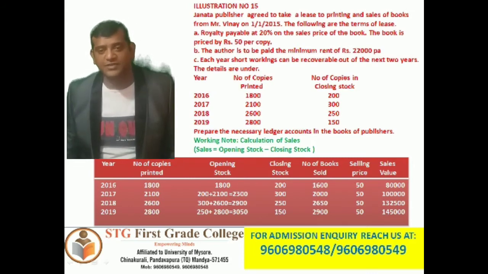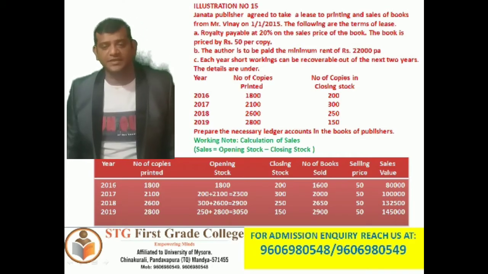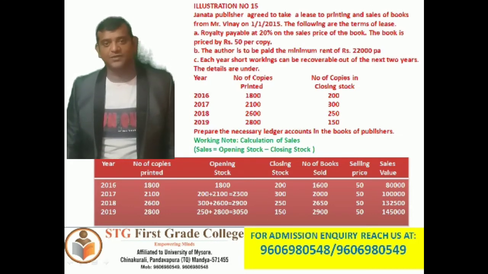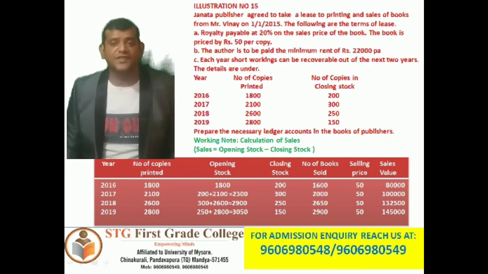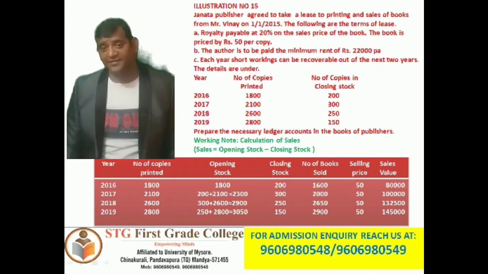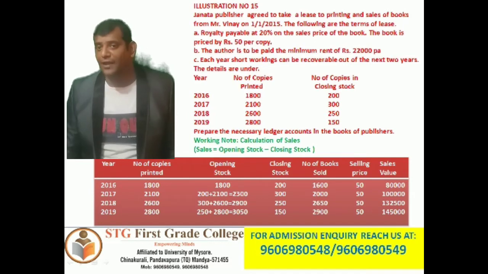In 2018, 2,600 books were printed and 250 books were in the closing stock. And in the year 2019, 2,800 books were printed and 150 books were in closing stock. So now prepare the necessary ledger accounts in the books of publishers.